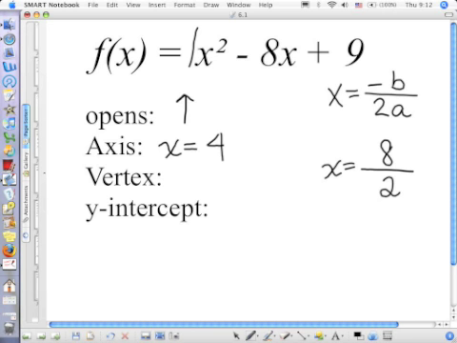All right, the vertex. We already know the x-coordinate of the vertex. What do I do to find the y-coordinate? Plug it in. Okay? So it's 1 times 4 squared minus 8 times 4 plus 9.